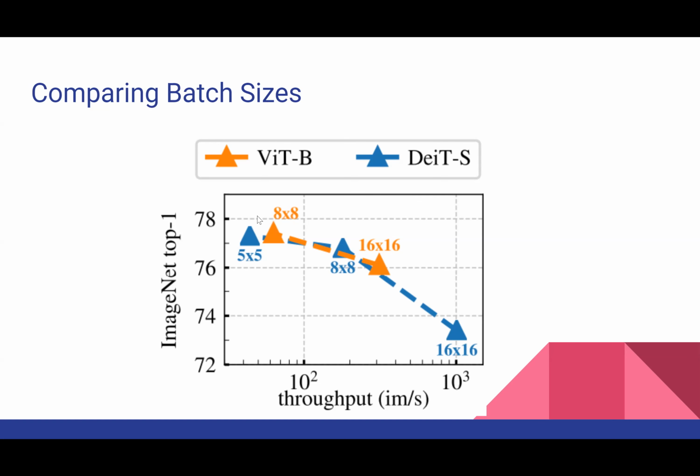What we can see on both of them is that the higher accuracy is given using the smaller batch sizes. However, they're much slower, maybe 500 times slower than a larger batch size, as we can see here with 16 by 16. And that's the same for both transformer models: if we use a larger batch size, we lose in accuracy, but we win in throughput speed.